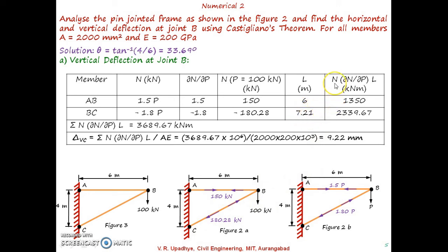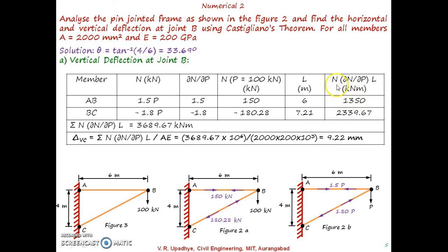Now for writing N del N by del P into L, the area is constant throughout and the Young's modulus is the same in both members, so that is not considered here. In the earlier numerical an area column was there, but here the area of cross section of both members is the same, so it is not considered in the calculations. Earlier it was the complete expression divided by area, but that is not considered here.